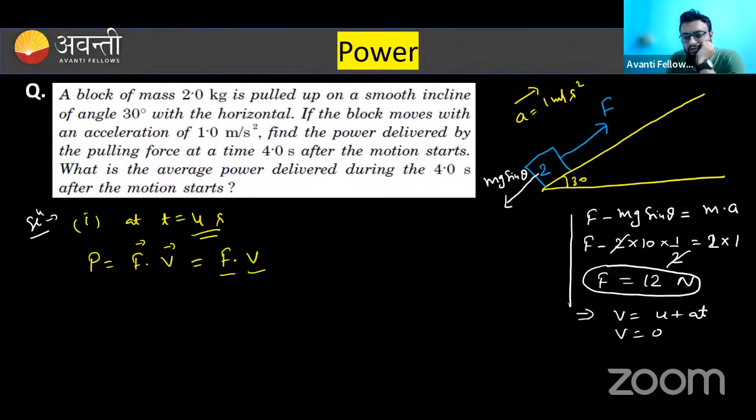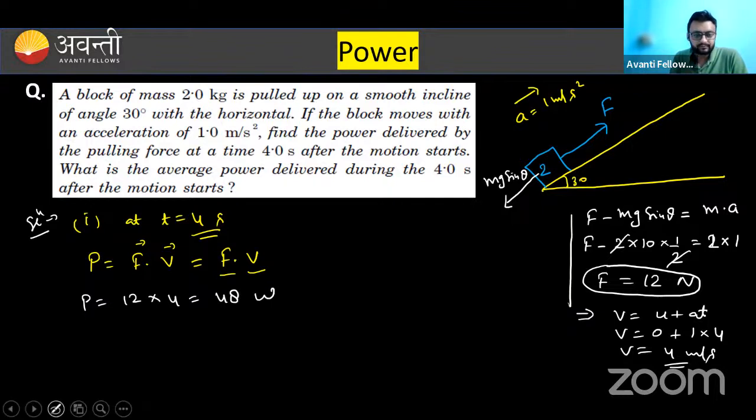So V is equals to 0 plus A is 1, time is 4. So V is equals to 4 meter per second. Now I know both the parameters. So the power will be F is 12, velocity is 4, that is 48 watt. Is this question clear to you?